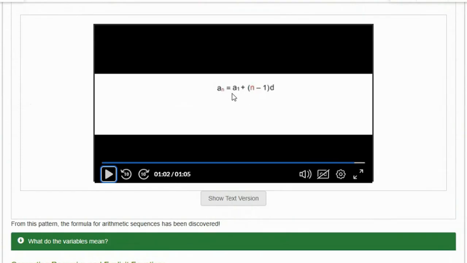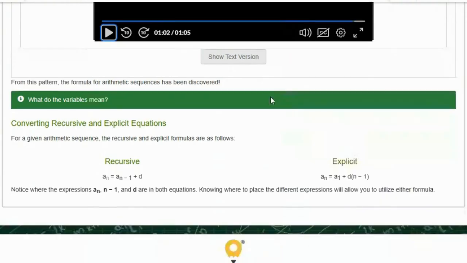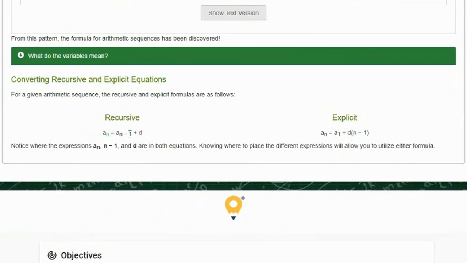But a sub 1 equals the first term plus, and I put the d in front of it. It doesn't matter if the d is in front. You're multiplying two numbers. 2 times 3 and 3 times 2 is the same. N minus 1 times d, or d times n minus 1, as I wrote it. So here is the recursive. Here is the explicit. Look, they put the d in front on this one, just like I had written it on our paper.